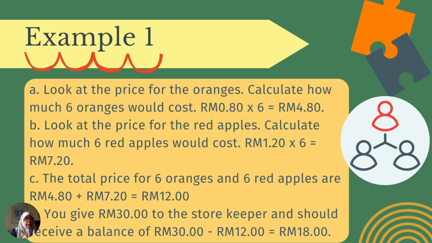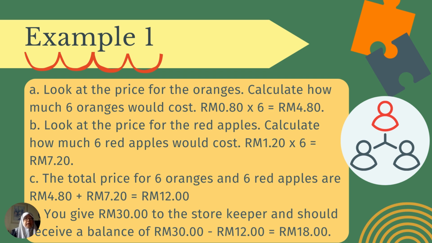So C, the next step. The total price for 6 oranges and 6 red apples is, show the calculation so that the students can see, oh, this is how the calculation is being done. 4 ringgit 80 cents plus 7 ringgit 20 cents equals 12 ringgit. So you give 30 ringgit to the storekeeper, and how much balance should you receive?